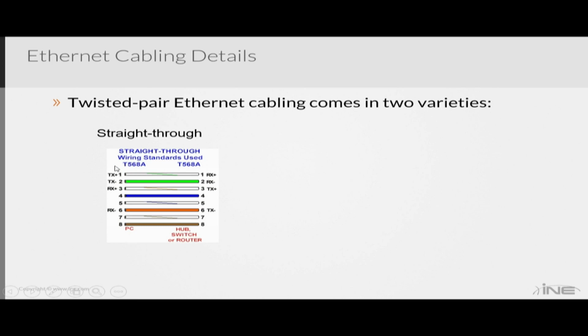Straight through simply means that pin number 1 on one end of the cable goes straight to pin number 1 on the other end of the cable. Pin 2 goes to 2, 3 goes to 3, and so on.